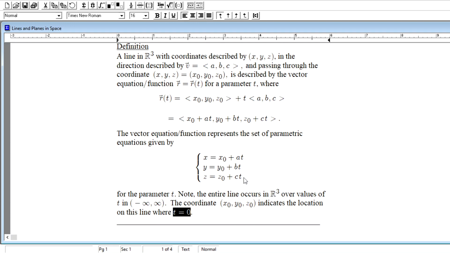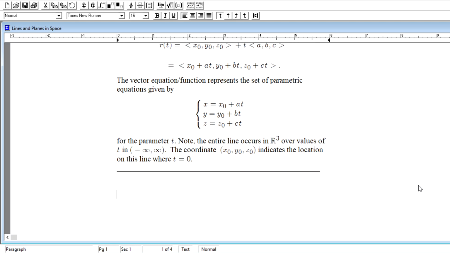You'll notice if you substitute t into 0 either in this set of parametrics or into this vector function, you will be left with the location x null, y null, z null. That description of position at the coordinate x null, y null, z null in the system. All right, that given point on our curve, or in this case, the given point on our line.